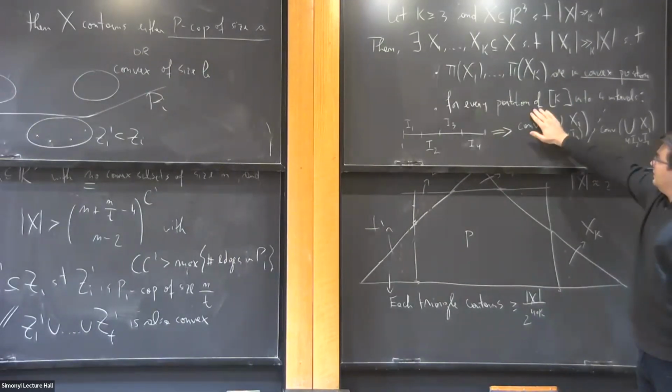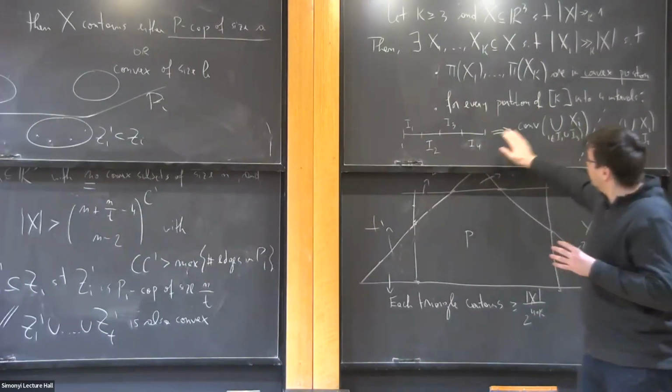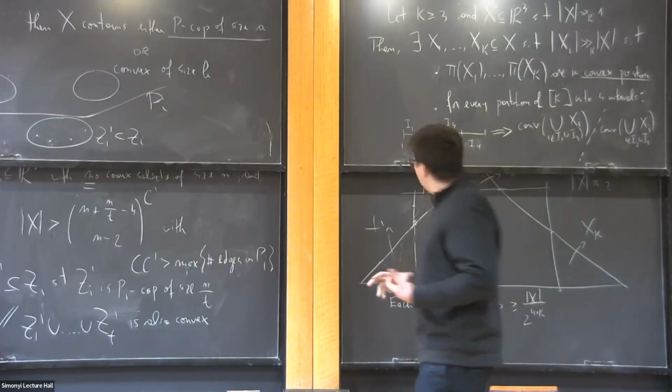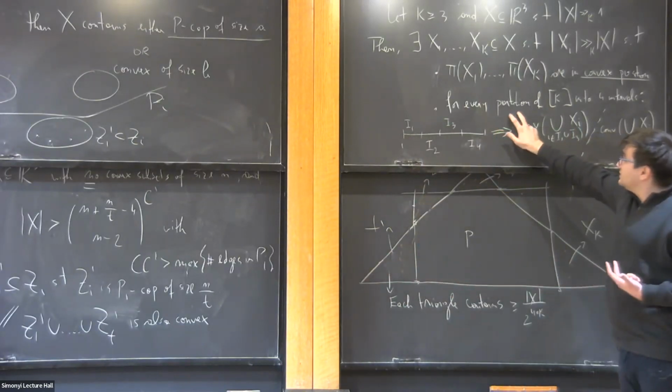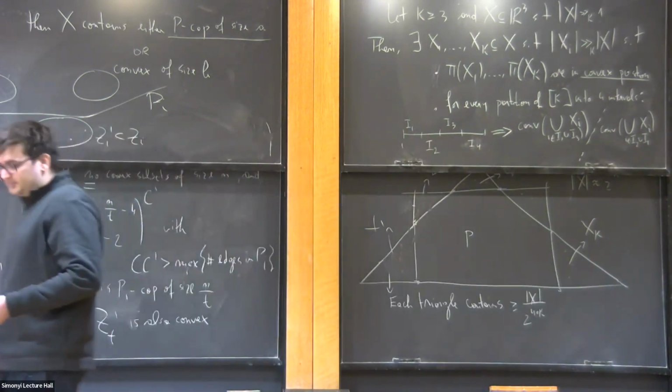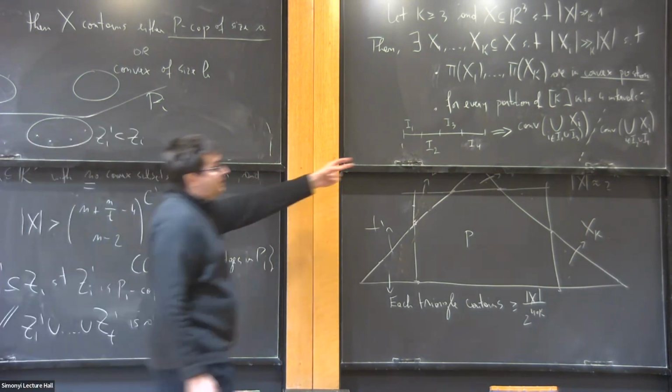Then, using ham sandwich repeatedly, one establishes a local separation condition on 4-tuples of sets. And then there are arguments to boost that kind of condition to a global separation condition.